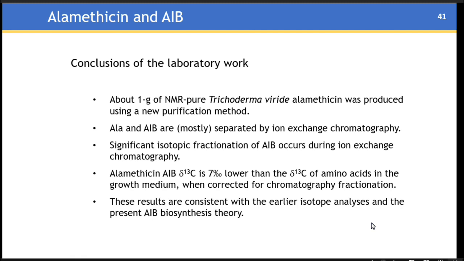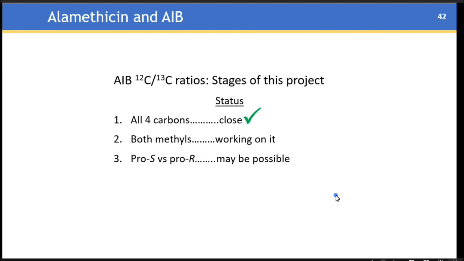And once you take that into account, the alamethicin AIB is 7 per mil lower than the isotopic ratio of the growth medium amino acids. Now, these results are identical with the earlier isotopic analysis, and they're consistent with this theory of AIB biosynthesis that I'm promulgating.